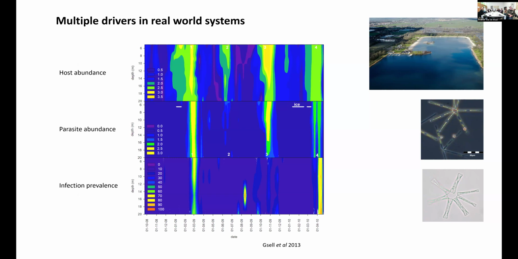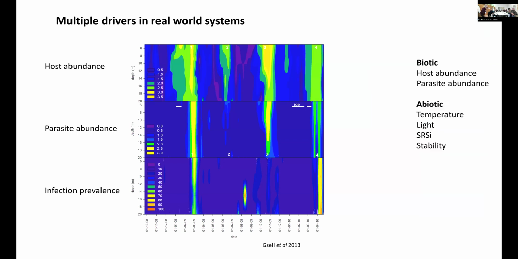So the yellower it is, the more there is, and then infection prevalence. And at the same time, we also measured a range of nutrients, temperature. We calculated water stability. We measured light intensity and light extinction.